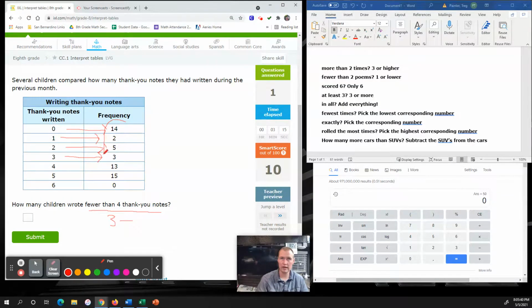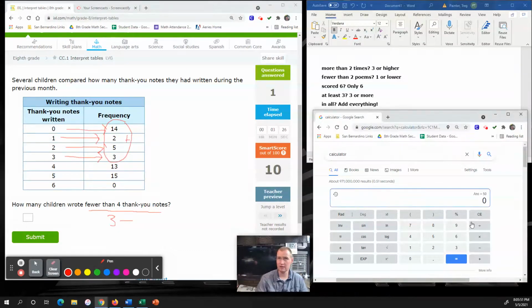We're going to add up these numbers in the frequency, because all of these occurred 3 or fewer times. This is where the calculator is going to come in handy. We're going to use 14 plus 2 plus 5 plus 3. How many children wrote fewer than 4 thank you notes? That is a total of 24.